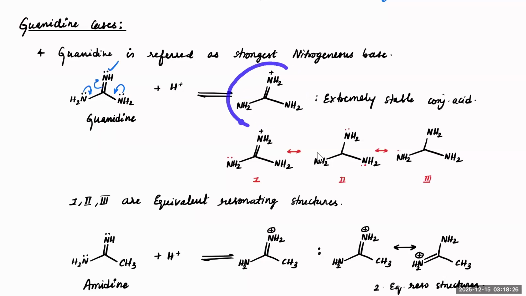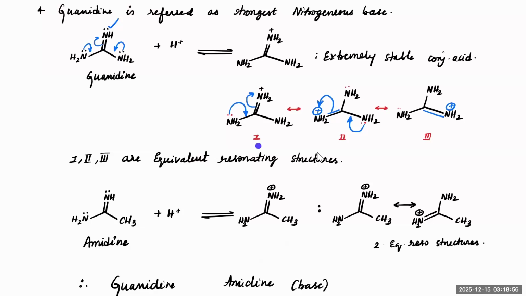You notice one thing about this conjugate acid. Suppose the lone pair makes a resonance stabilization here, so you will get a double bond here and lone pair there, and plus charge here. Same way, if this lone pair is pushed and this pi bond is moved here, I will get a double bond here with plus like this, and this is the product you will get.